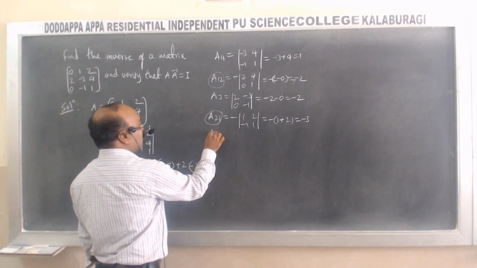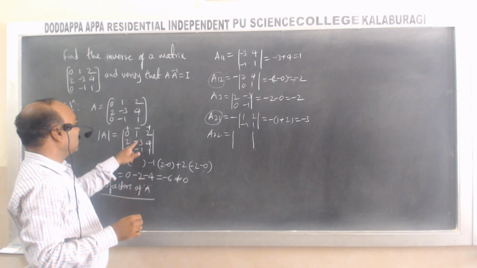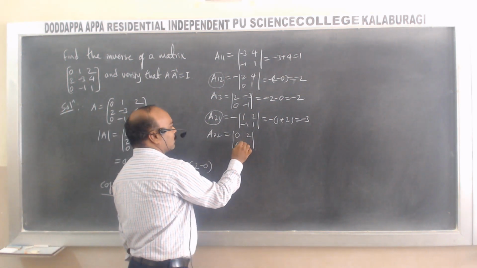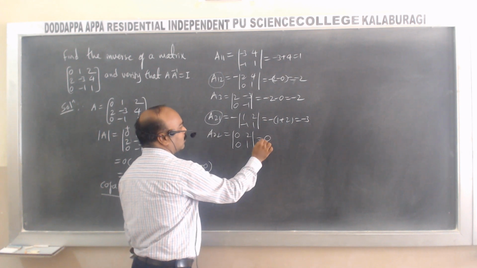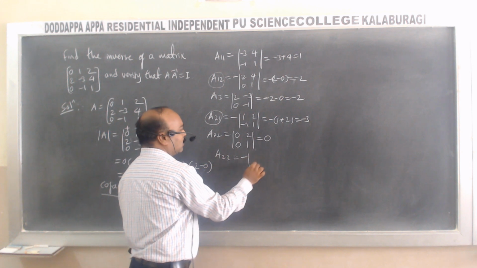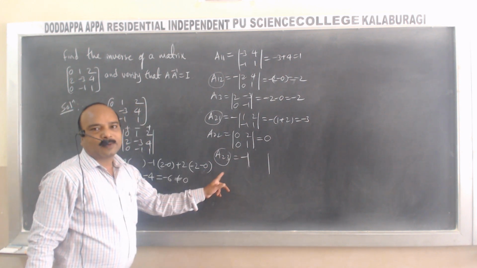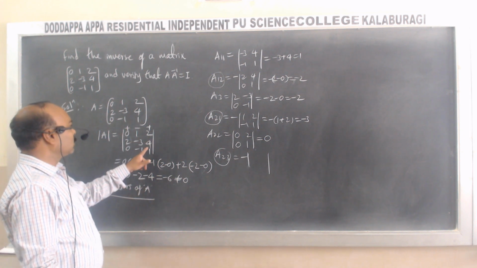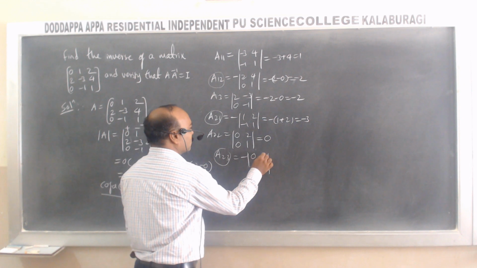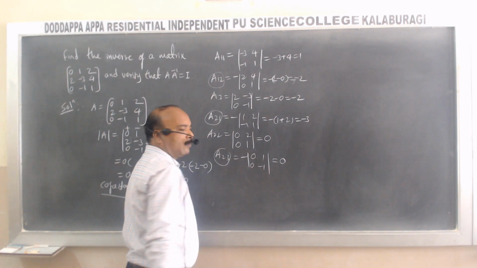Next A22, its determinant is given by deleting this column and this row, we get 0, 2, 0, 1. So the first column is 0, it is 0. Next A23, again it is minus because 2 plus 3 is an odd number. Deleting this column and this row, we get 0, 1, 0, minus 1. So again it is equal to 0 because the first column is 0.